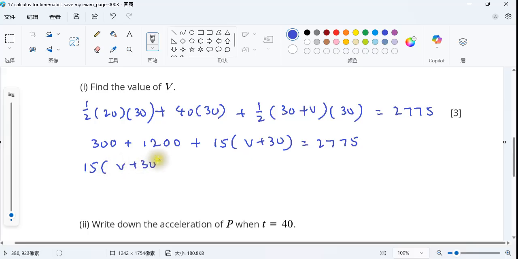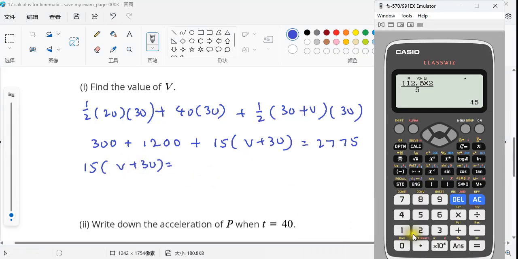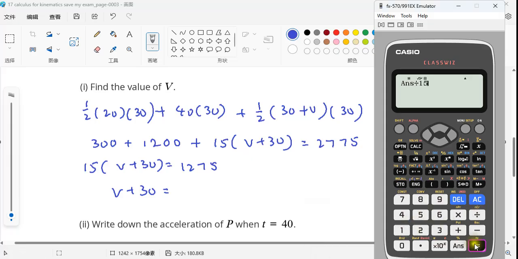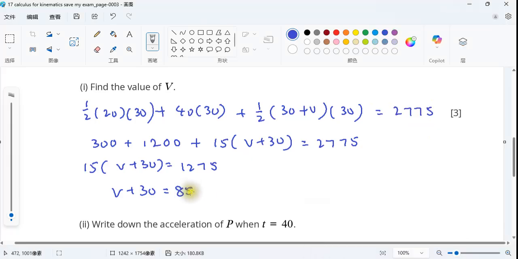So v plus 30 is 2775 minus 300 minus 1200, which is 1275. Then divide by 15 is 85. So v is 55 meters per second.